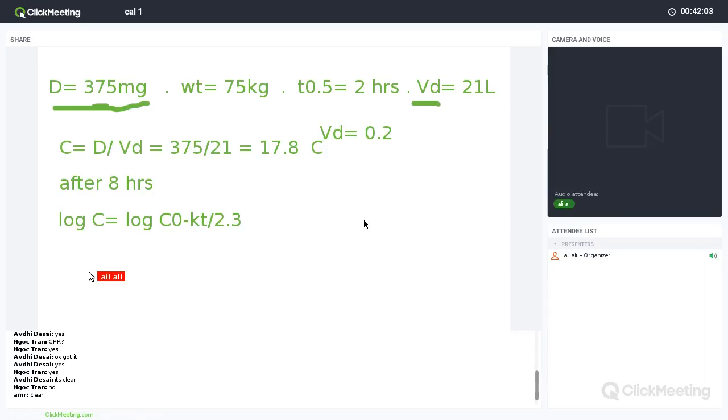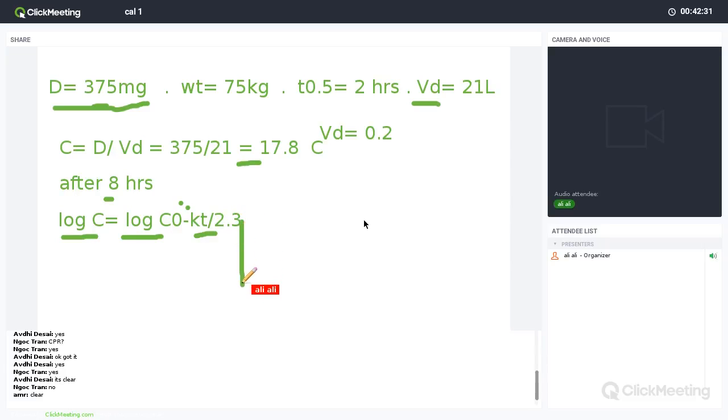This is the first approach. Here we have the initial drug concentration, we have to determine K, and T is 8 hours, which is a constant value, so it can be solved easily. We have all the required information.